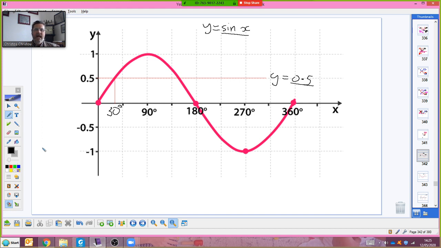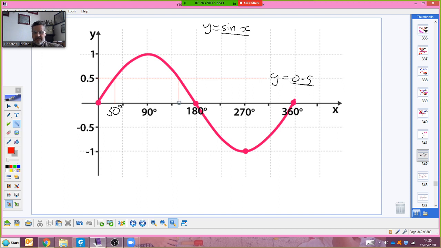Can you see anywhere else where there is an answer for the angle where the sine is also 0.5? Any ideas? Let me draw it in for you if you can't see it. Here's the line, right there.